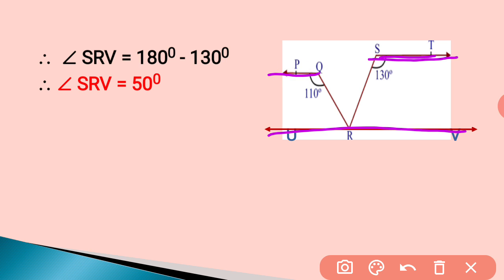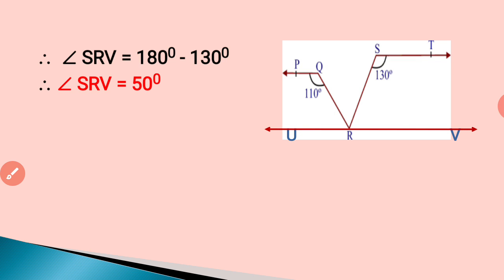In short, all the three lines are parallel to each other. Once the lines are parallel to each other, we can say that angle PQR and angle QRU are supplementary because they are also co-interior angles.